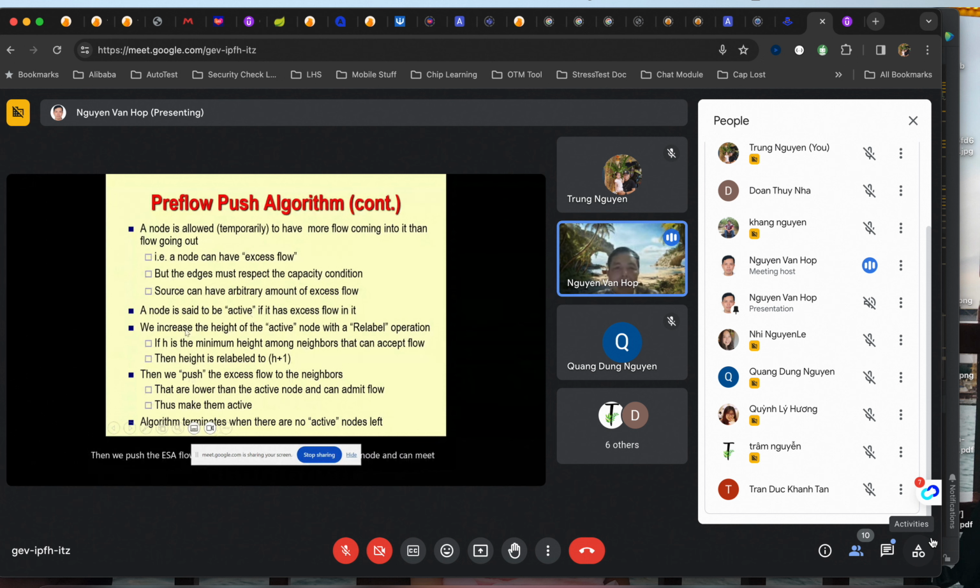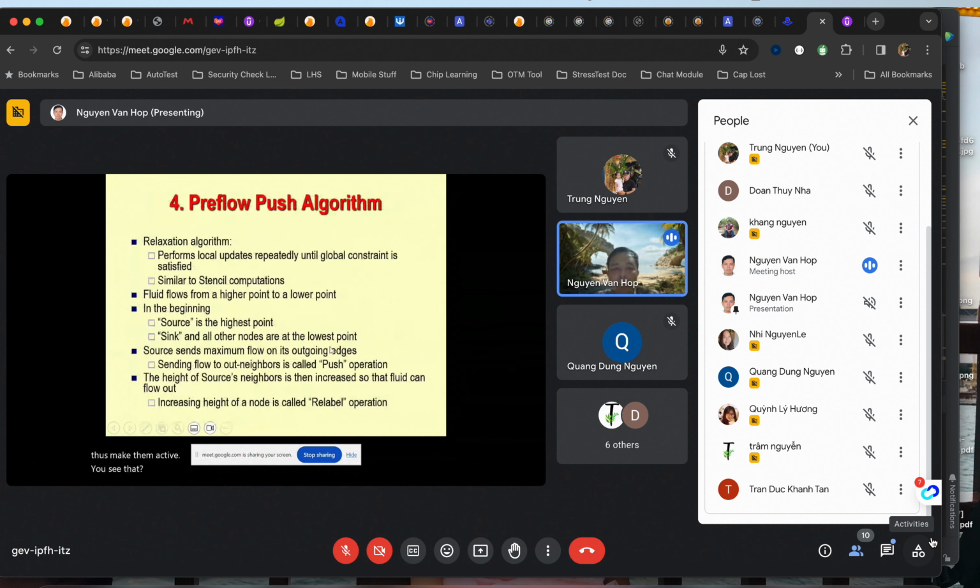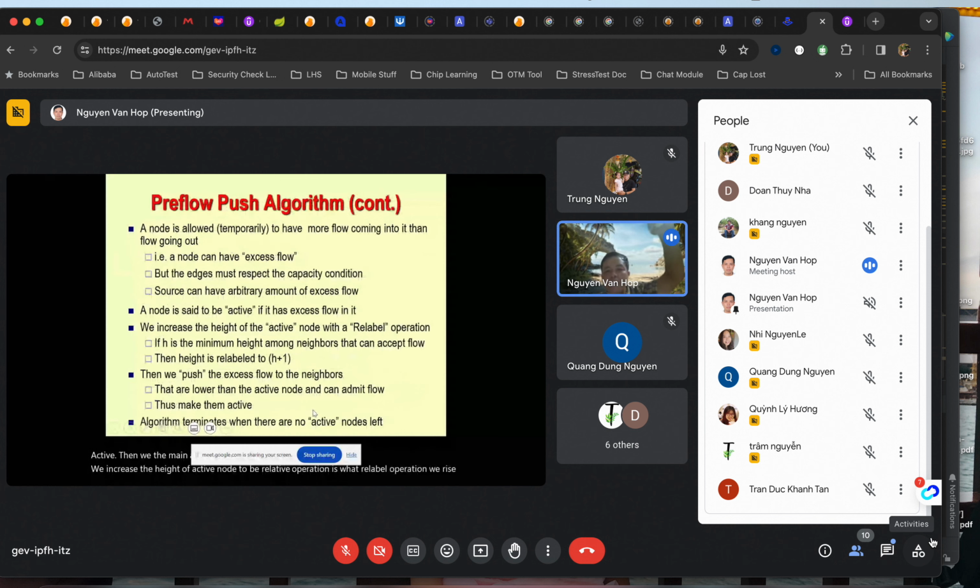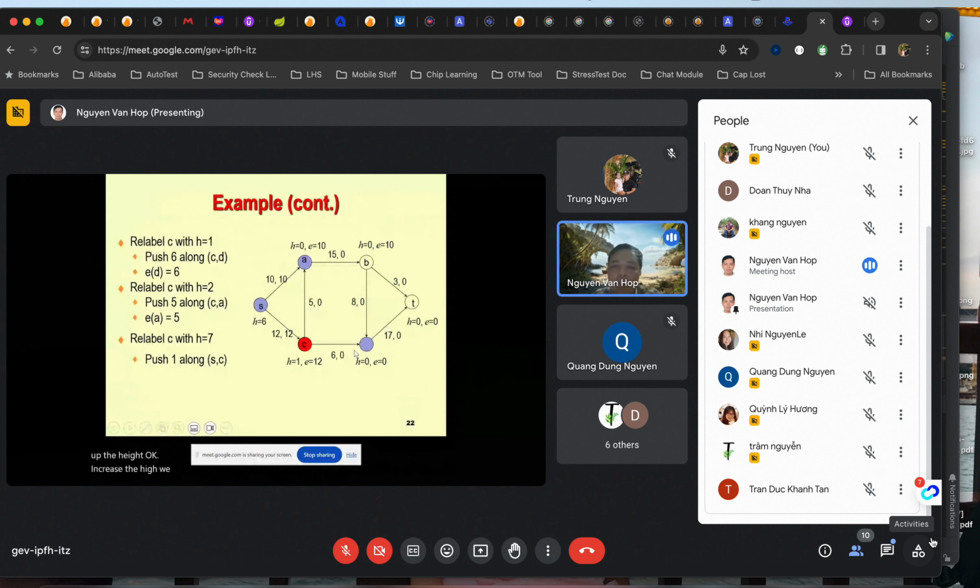We increase the height of the active node with the relabel operation. The relabel operation is what? We rise up the height. Increasing the height, we call that relabel. Okay, in this one, we increase the height of this one. If you don't like, you can raise up this one, but in this case, I choose C.